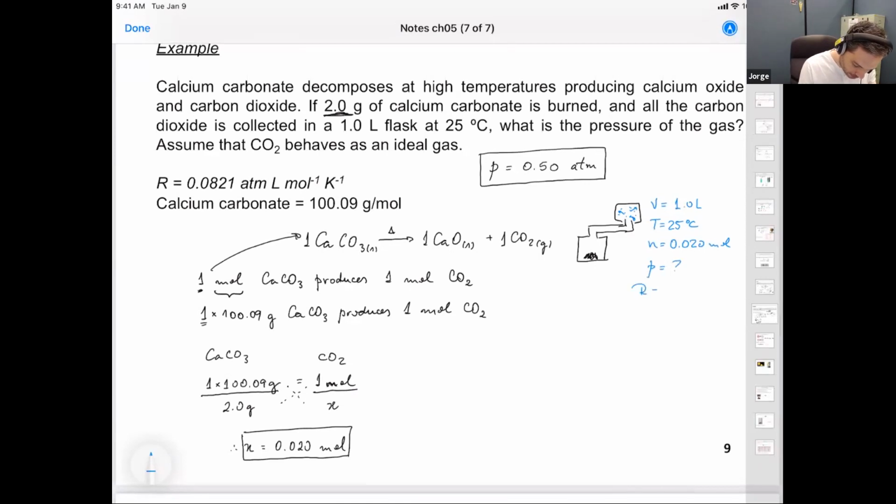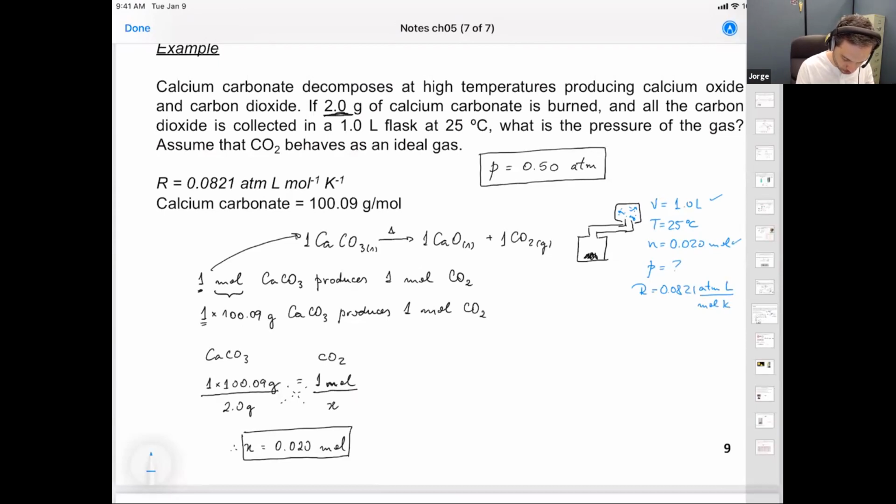First thing before starting anything is to look at the universal gas constant, more specifically the units of the constant, just to make sure we have everything squared up. Volume in liter, so we are good here. Number of moles in mole.